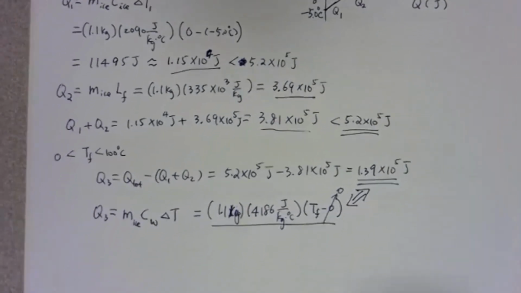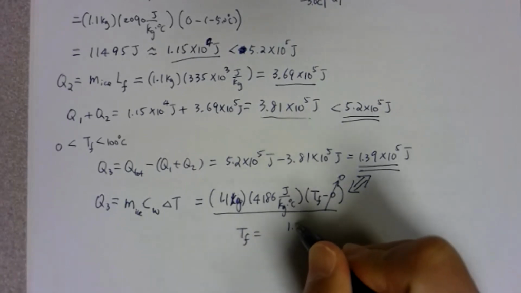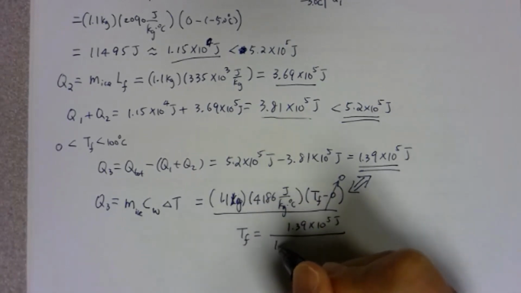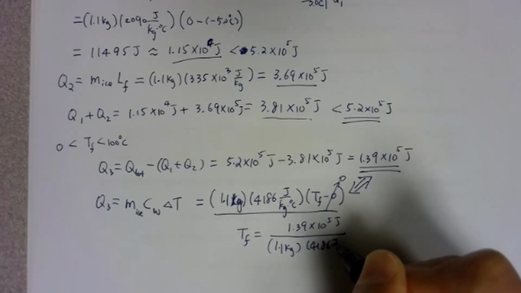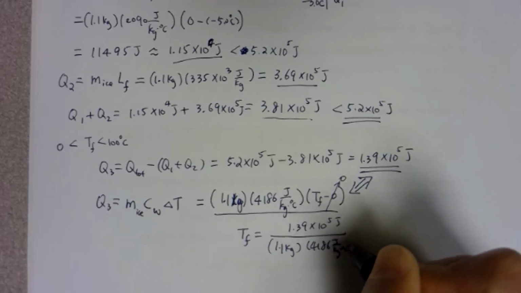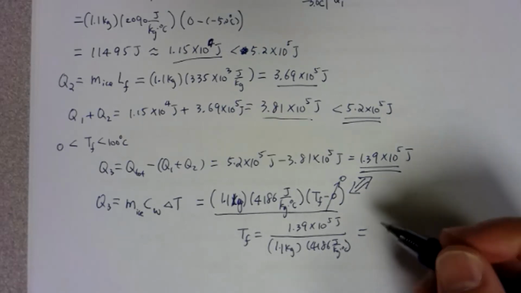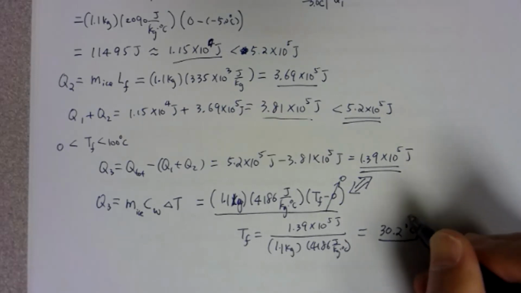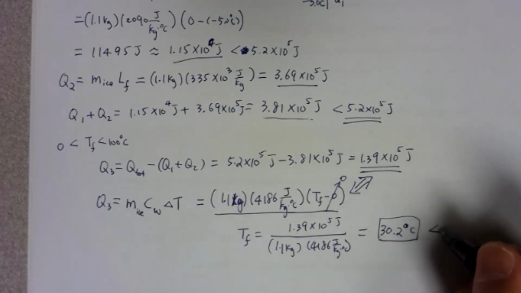Basically, you can see from here that T final is going to be just 1.39 times 10 to the fifth joules divided by 1.1 kilograms and 4186 joules per kilogram per degrees Celsius at the bottom. So this gives you 30.2 degrees Celsius, and this should be your final answer because it's indeed less than 100 degrees.